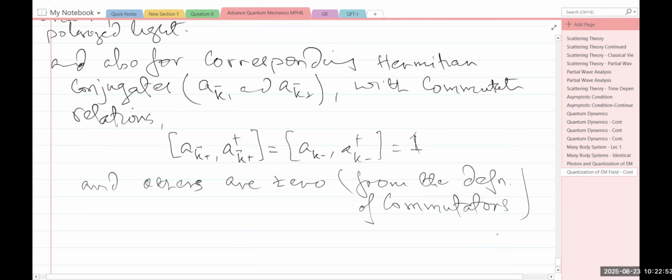So this is basically the commutation relations for plus and minus, and you can have the inverse relationships as well.